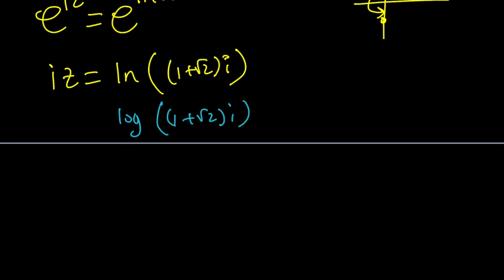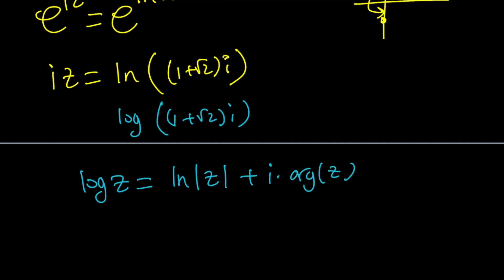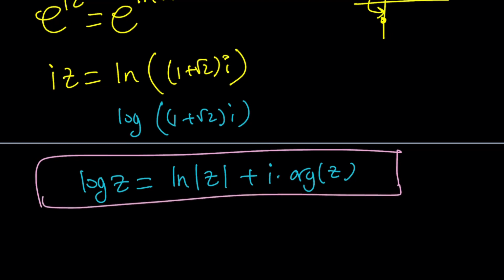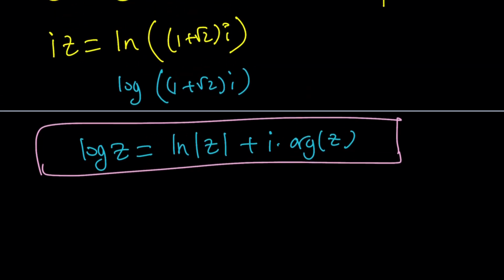And log of a complex number, like log of z, would basically be written as the ln of the absolute value of z plus i times the argument of z. So that's the general formula, and obviously this is multi-valued because the argument of z can be written periodically, and you can basically add 2 pi every time, right? But let's go ahead and go with the principal value because that's kind of simpler.